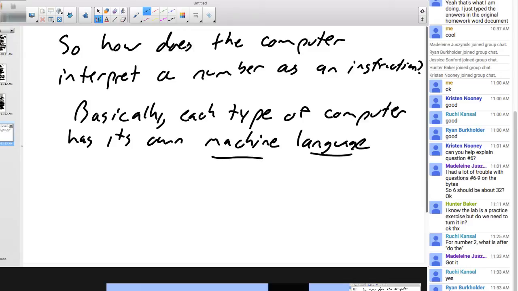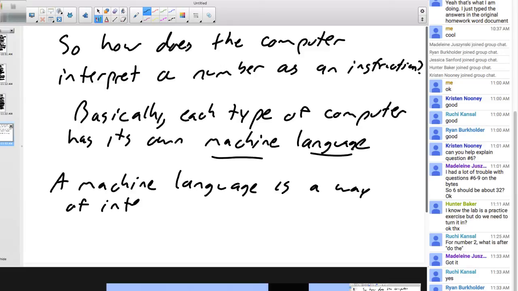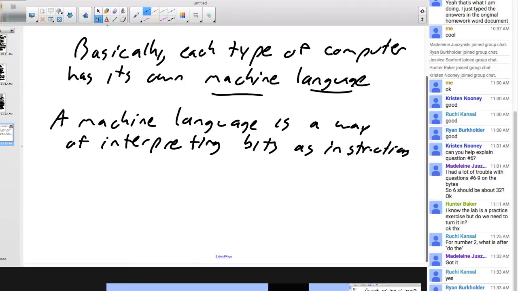A machine language is a way of interpreting bits as instructions. And different machines do it differently.